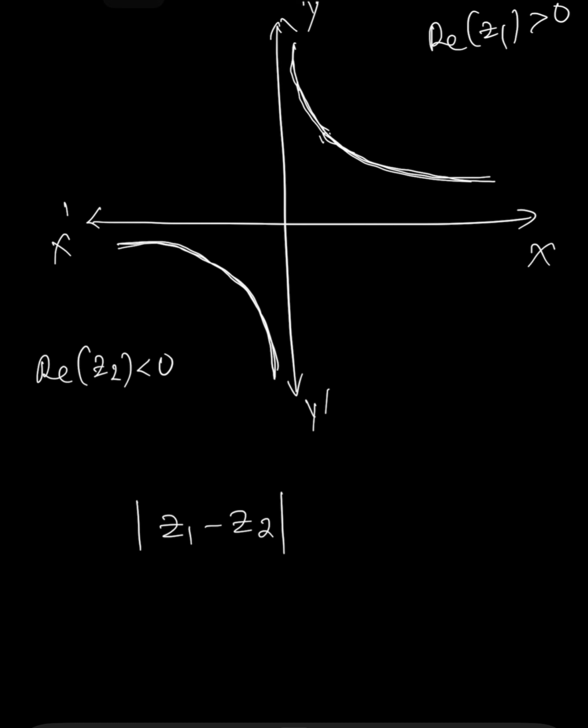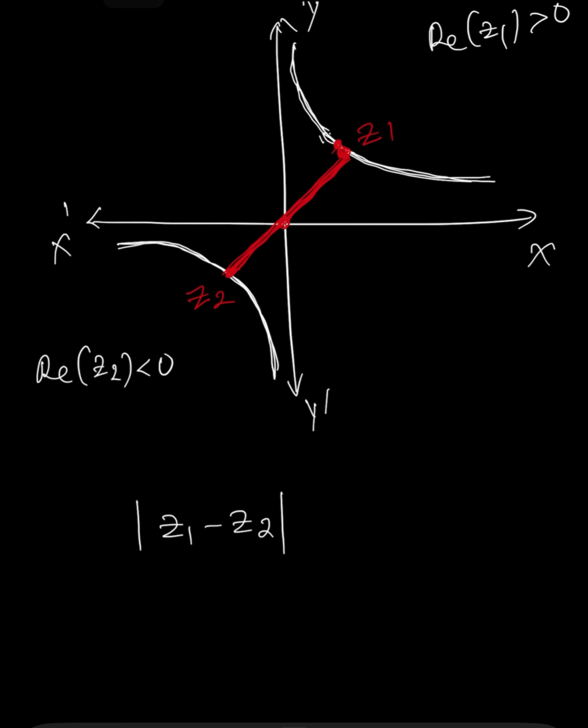Now, if it is the minimum, z1 clearly will be here and z2 will be here, so joining these two we get a line like this. This will be z1 and this will be z2, and this is the distance between z1 and z2.